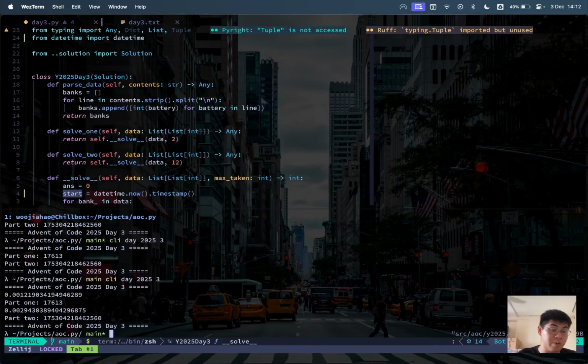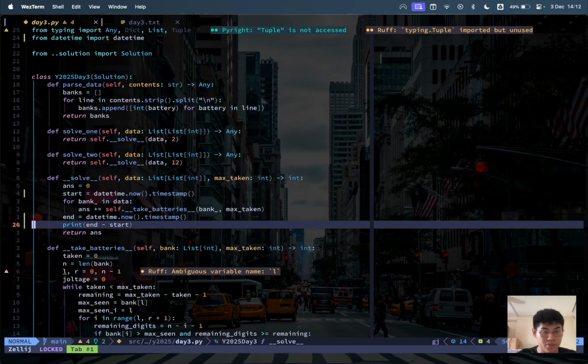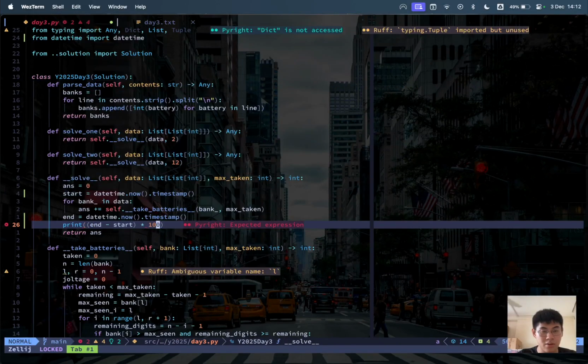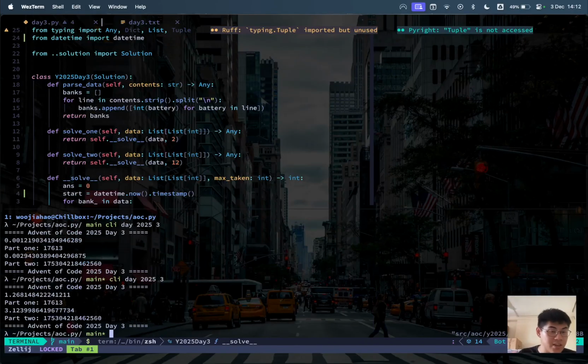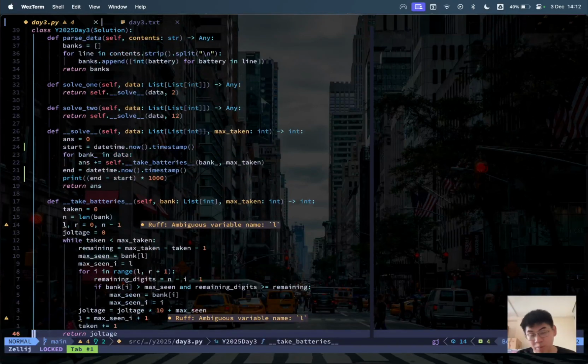So we can print the number of seconds it took, and we could print it as milliseconds. And you can see here that it is blazing fast, because we are no longer relying on trying all possible digits. We greedily assume the property.